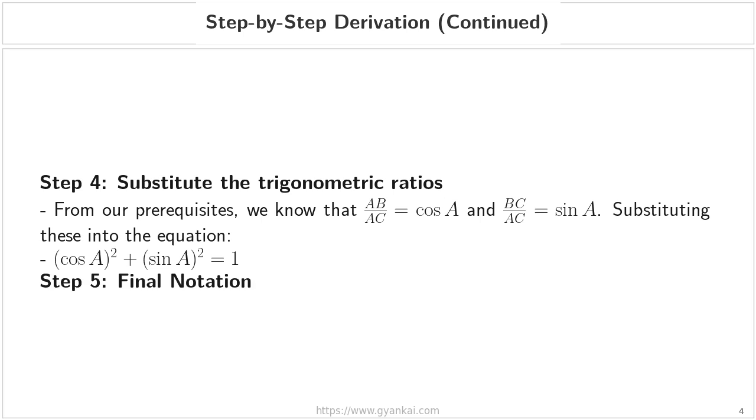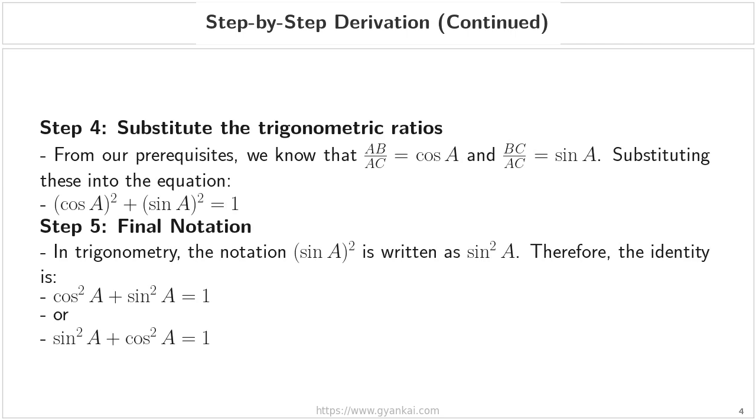Step 5, final notation. To make our work cleaner and more professional, we use standard trigonometric notation. In trigonometry, instead of writing the entire term in parentheses, we write the exponent directly on the function.